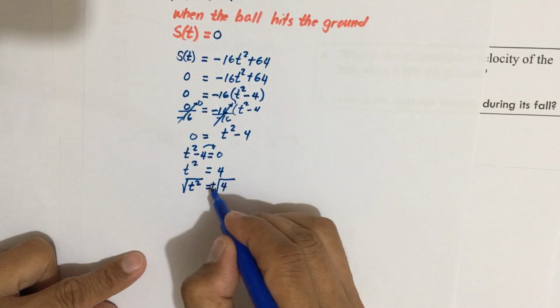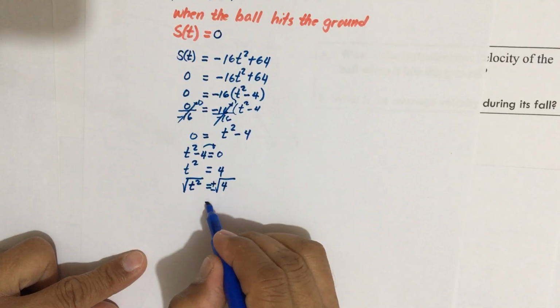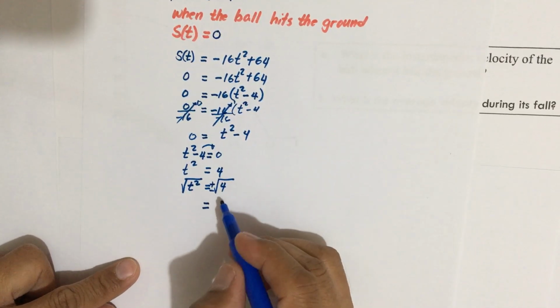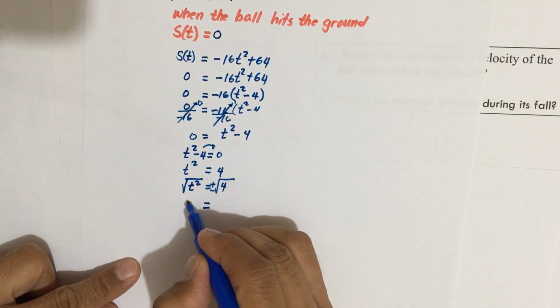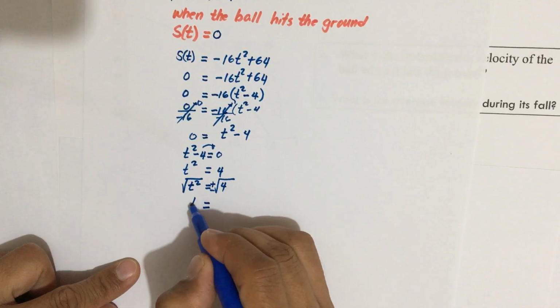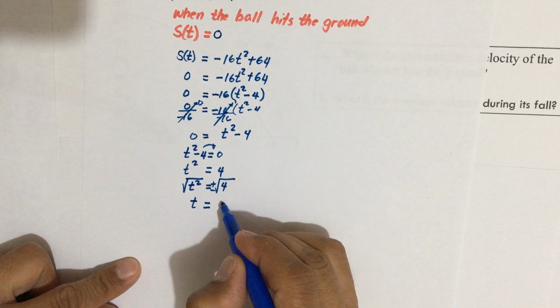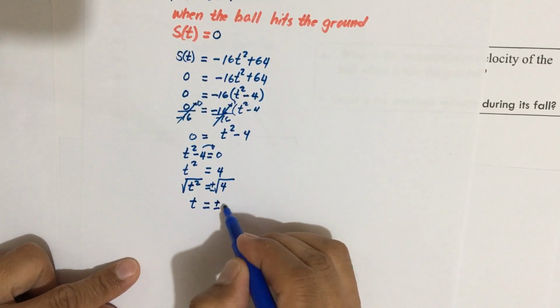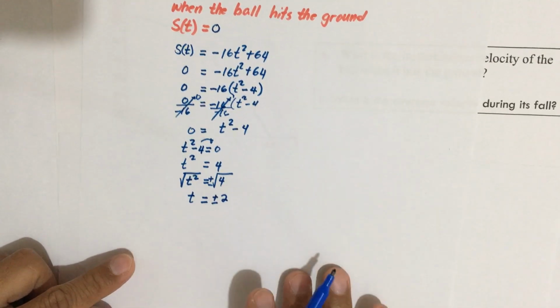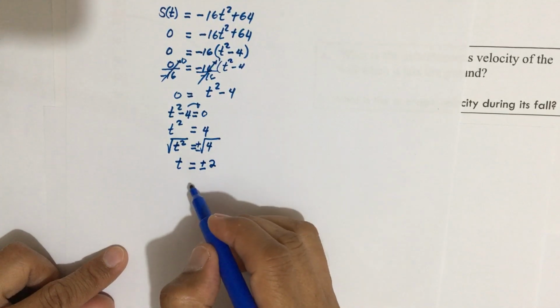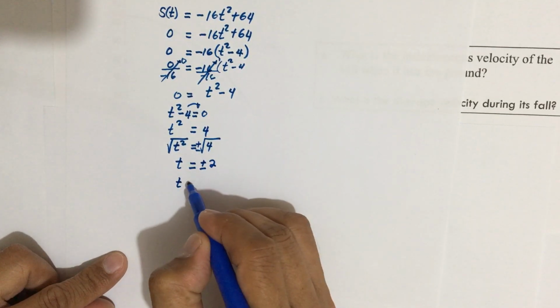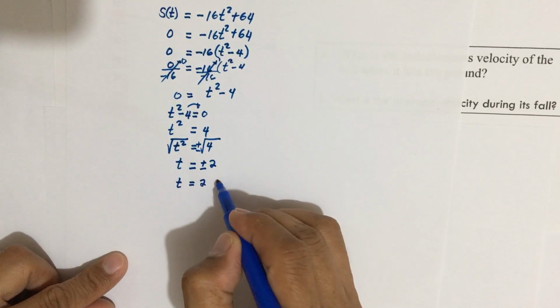When you take the square root, you have two values on the right side. The square root of t squared is t, the square root of 4 is 2, so you have plus and minus 2. But since there's no negative time, you just take t equal to 2 seconds.